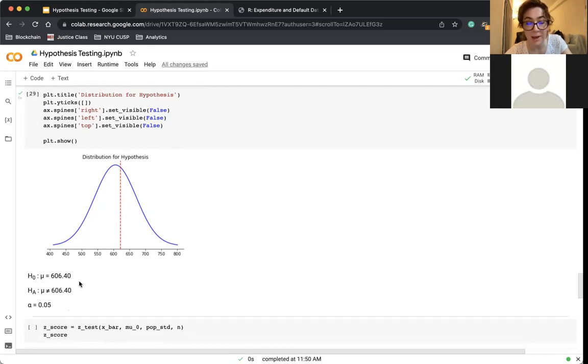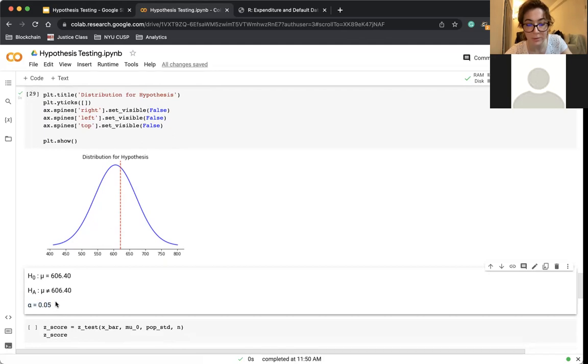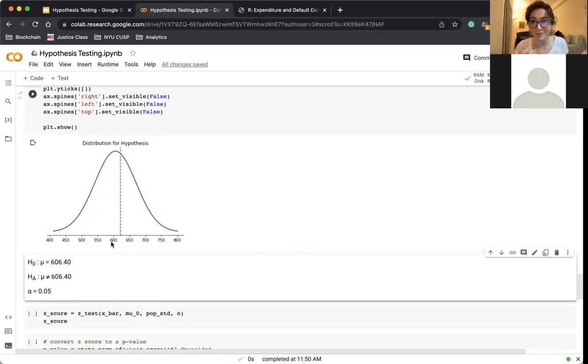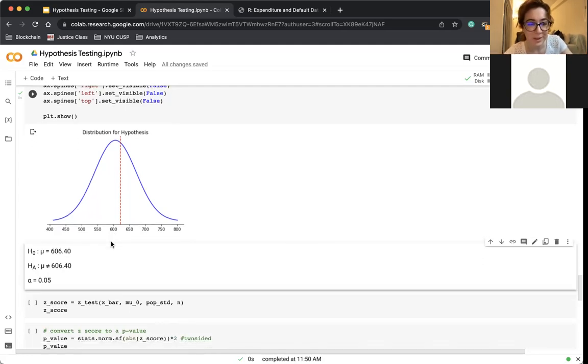But we set how extreme this needs to be using this significance threshold of 0.05. So this needs to be beyond 95% of the area under the curve for us to consider this value extreme enough, and not just due to the inherent variance in most things.